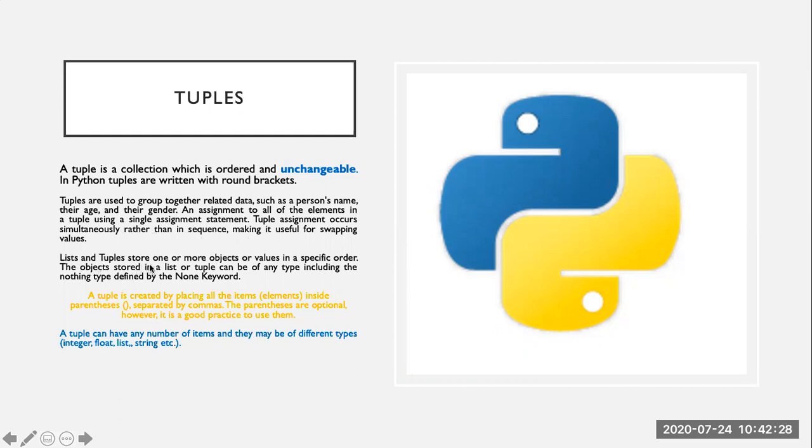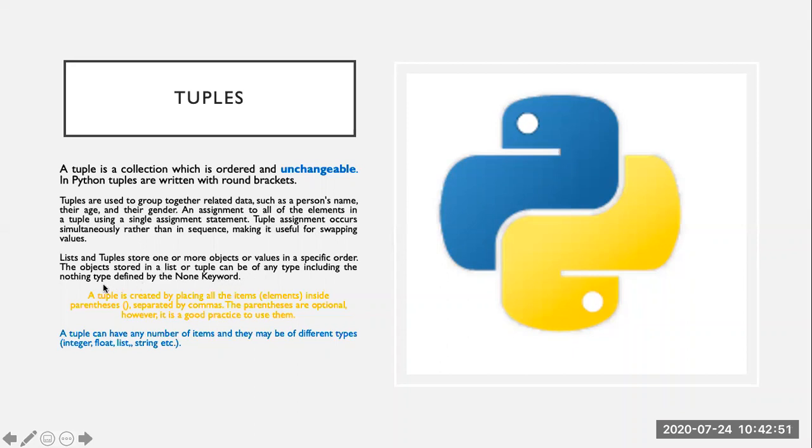Lists and tuples store one or more objects or values in a specific order. The objects stored in a list or tuple can be of any type, like we discussed in the list, that we can store any type of items in the list. Similarly, for tuples, the rule is the same. We can store any object with any type.